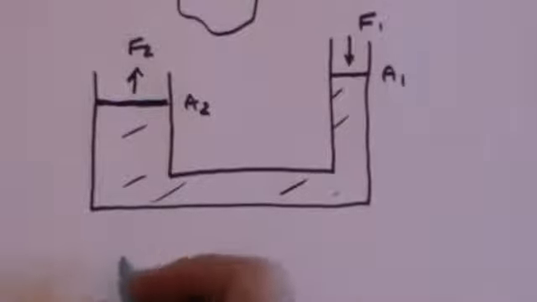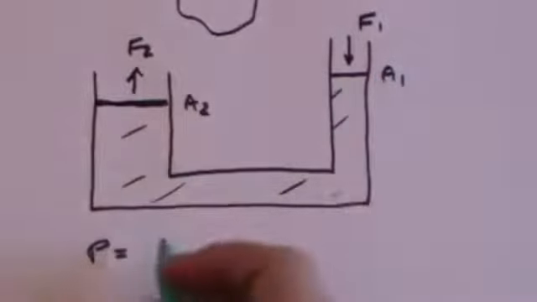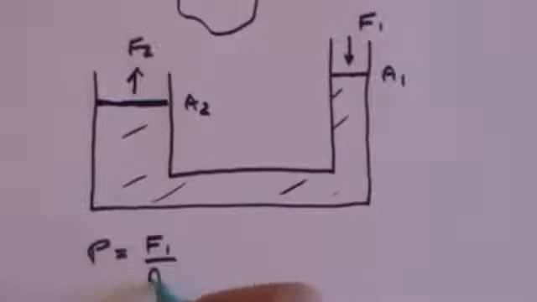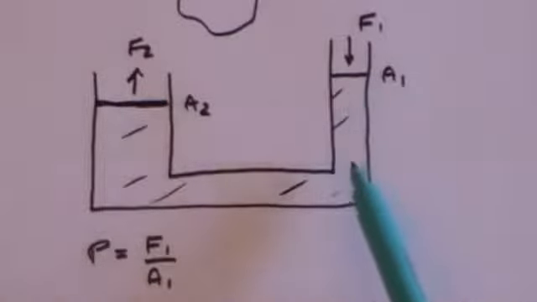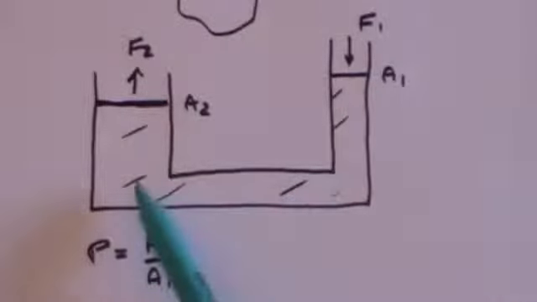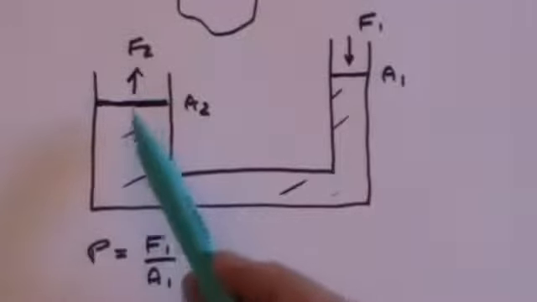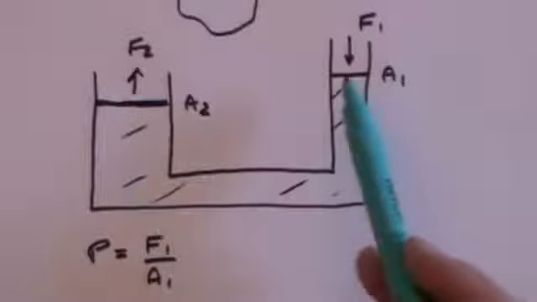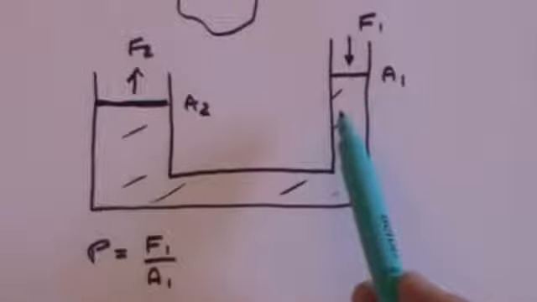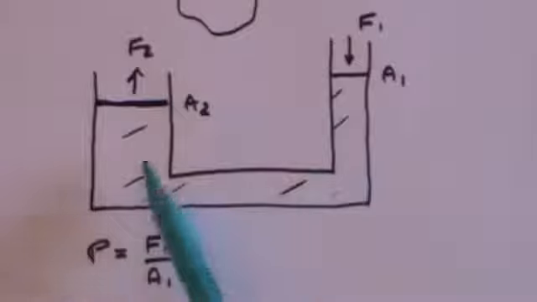Now the pressure, as we just said, here is F1 over A1. But that pressure is transmitted through the fluid in all directions, including pushing up. The pressure pushing up on this piston is the same as the pressure pushing down on this system, because the pressure is transmitted.